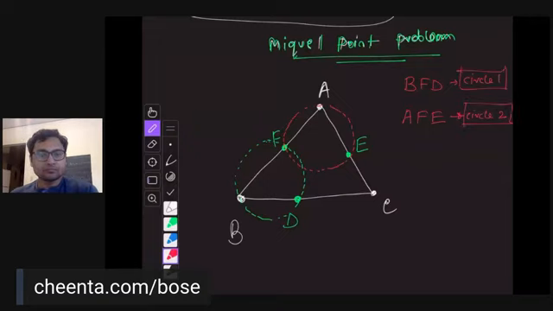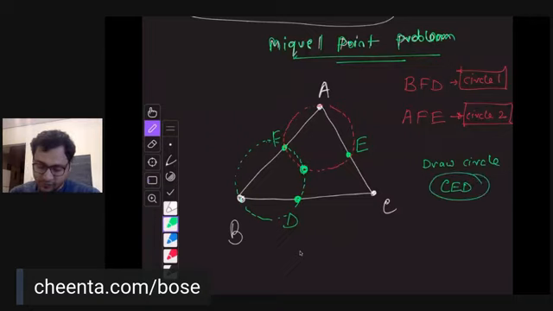Now I am tempted to draw the third circle CED. This is the circle that I want to draw. This point is M, suppose.